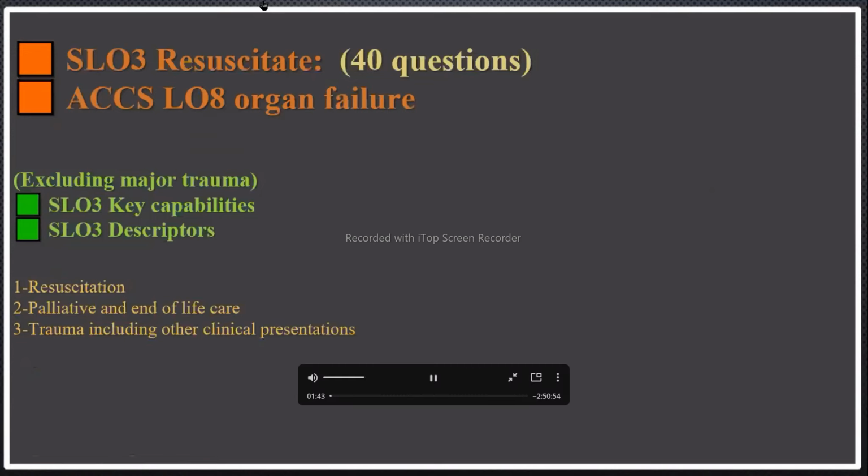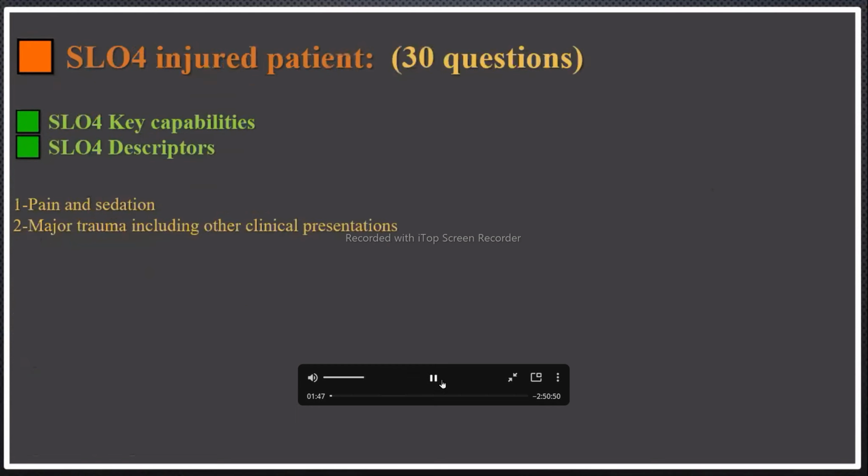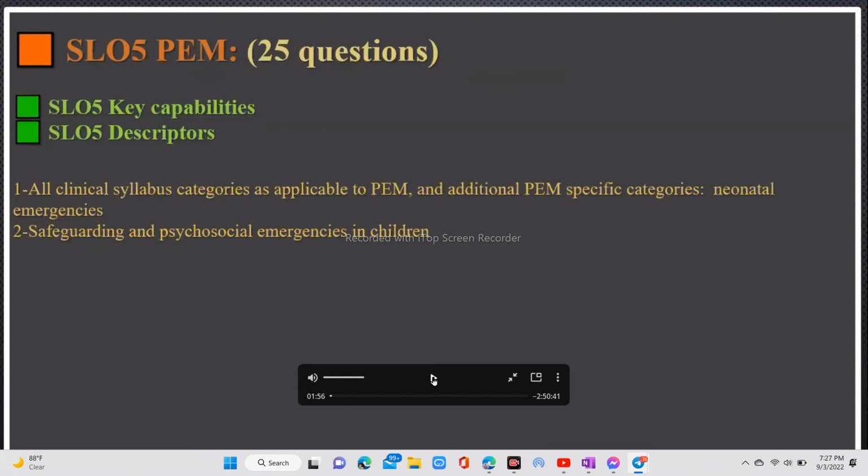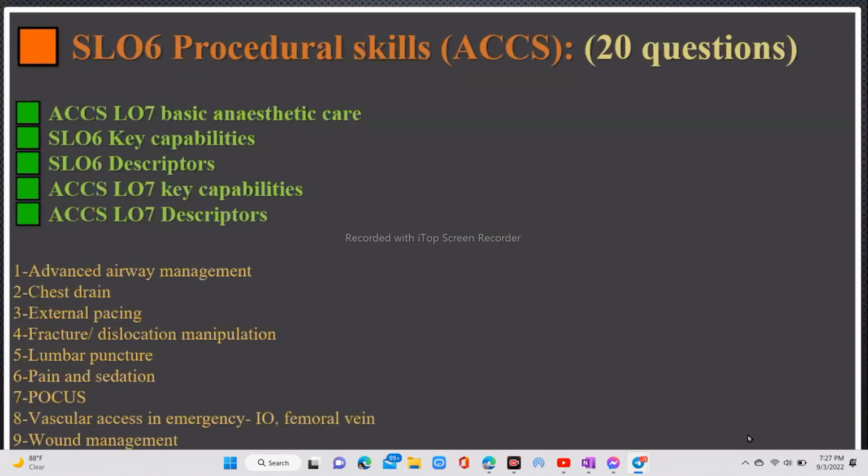Then resuscitation, 40 questions. Then injured patient. Pediatric, 25 questions. And procedures, 20 questions.